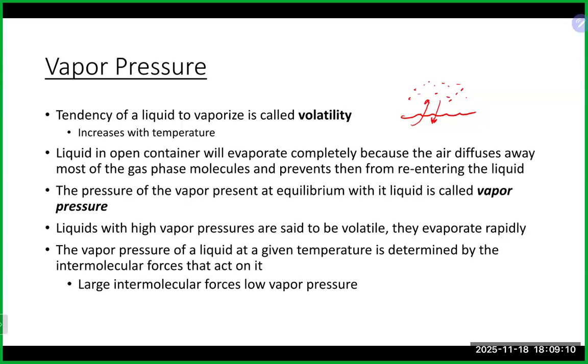In an open container, liquid will evaporate completely because air diffuses it as it's doing that. For example, if you spill just a little drop of a liquid on the bench top, you have evaporation occurring, and some condensation coming backwards.